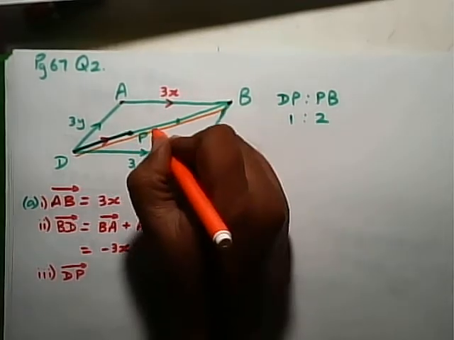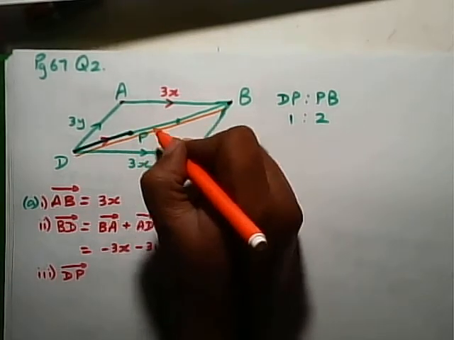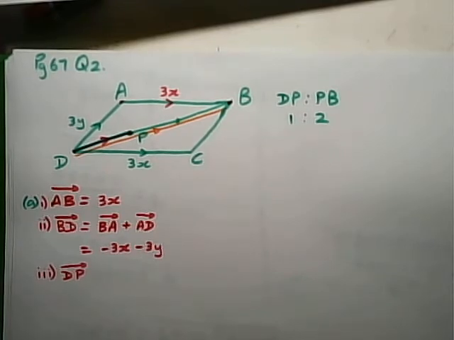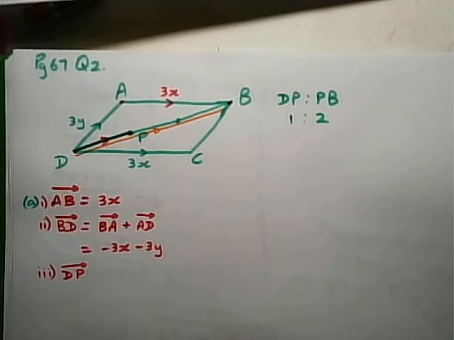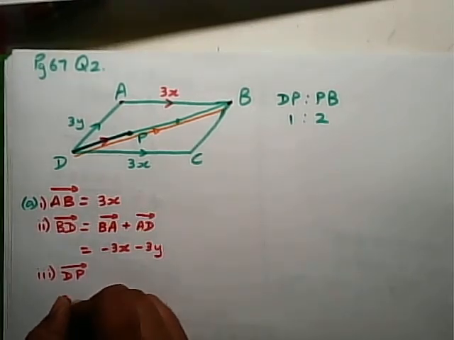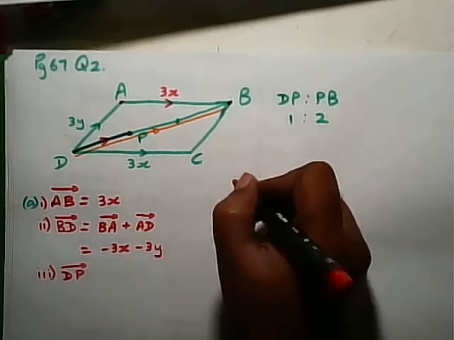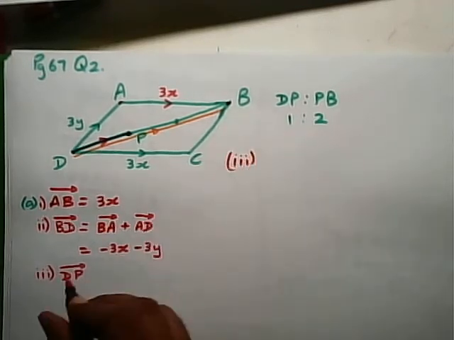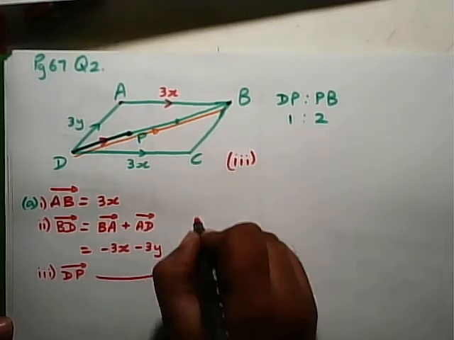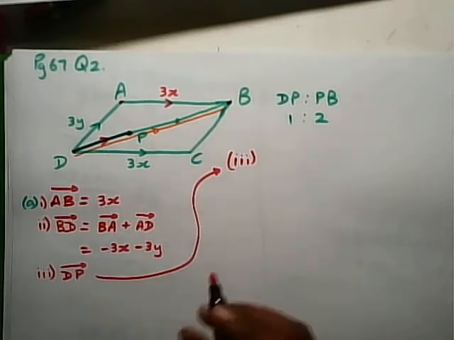We could work out that whole long line, and when we get the answer, we divide it by 3 and we'll get DP. So we have a step 1. This is part 3 here.